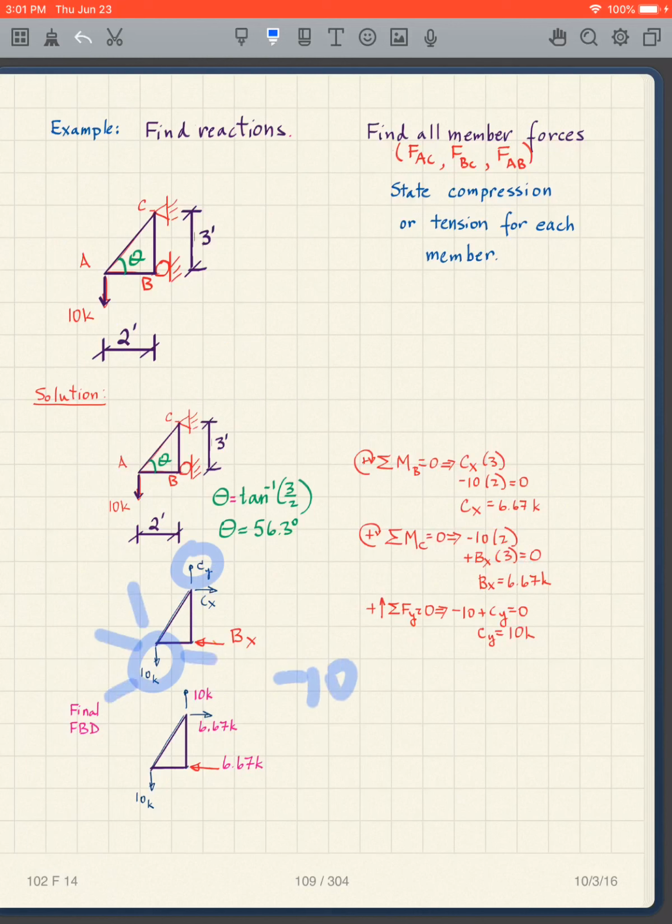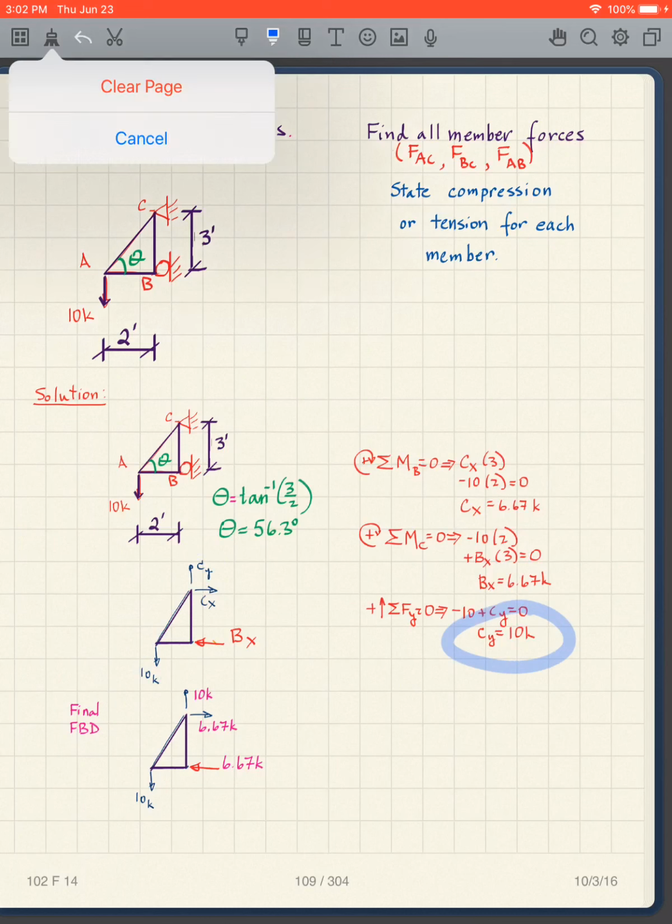That's CY. So it's minus 10 plus CY equals 0. And we get CY is 10 kips.